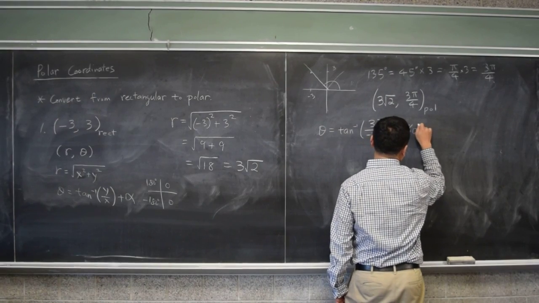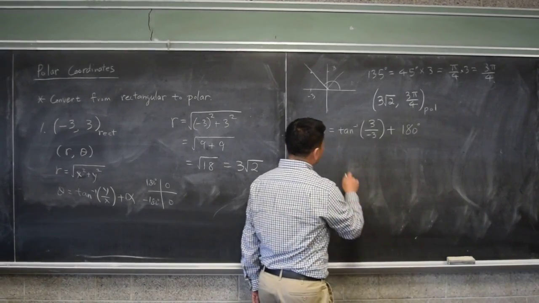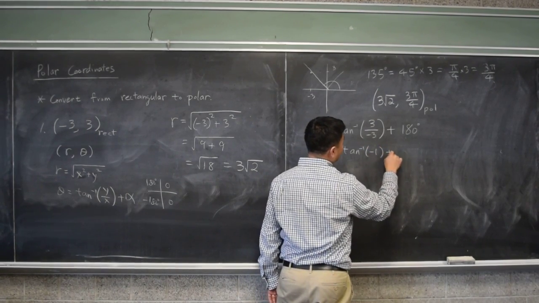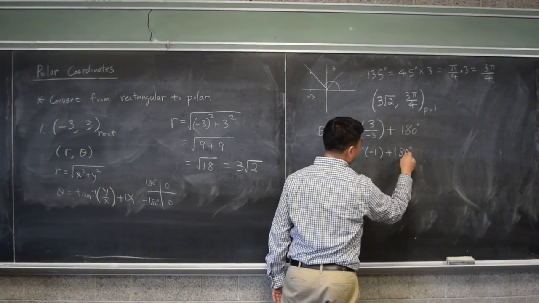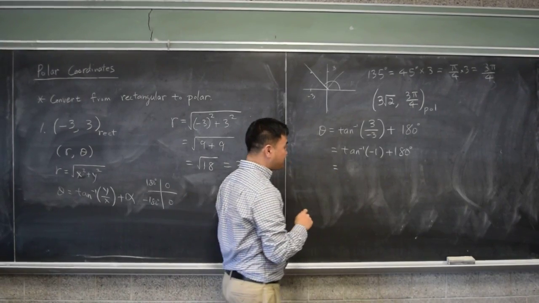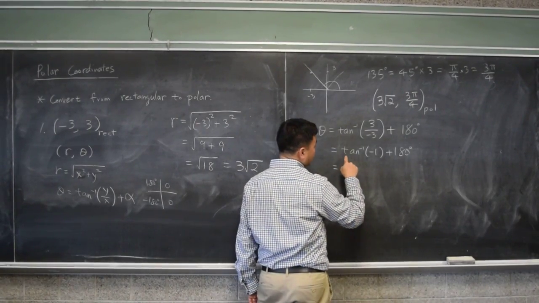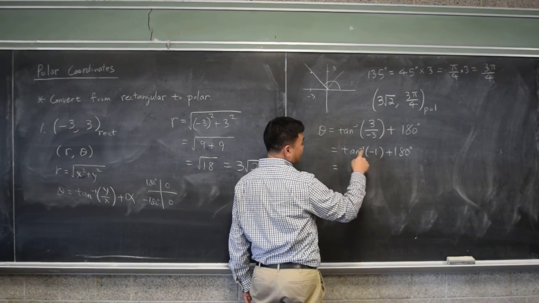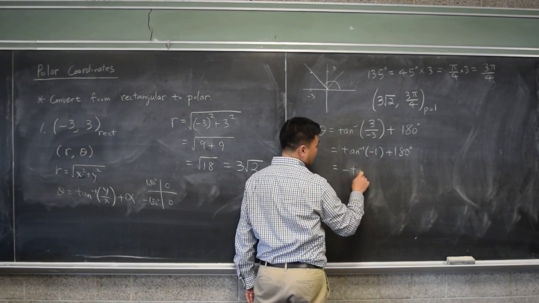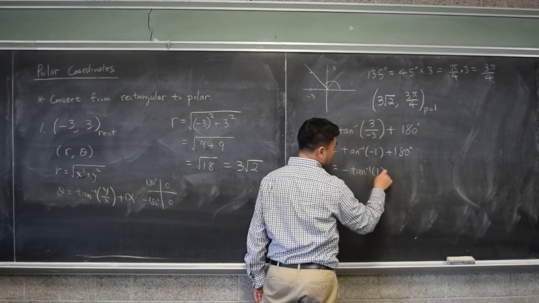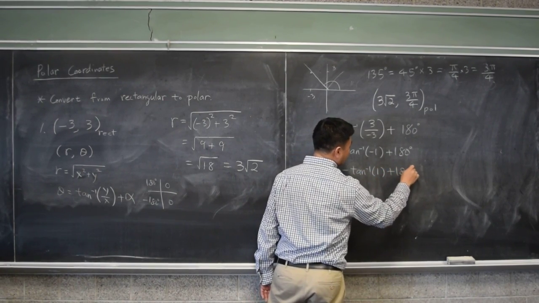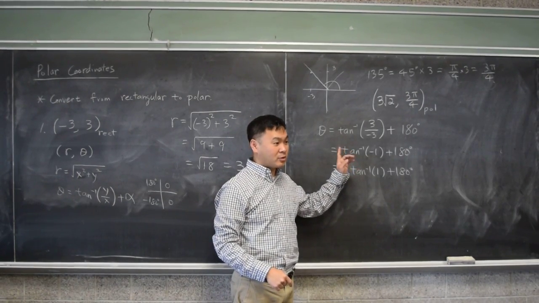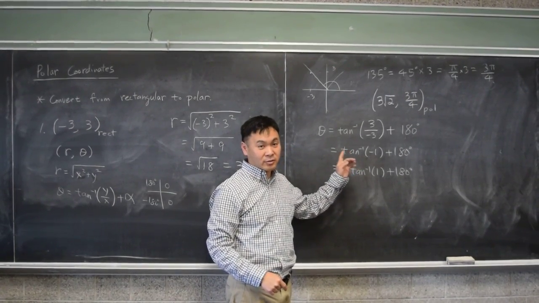So that's tangent inverse of -1 plus 180 degrees. And then the minus can come outside the tangent inverse. And by the way, this is true for sine and tangent, but not true for cosine, okay?